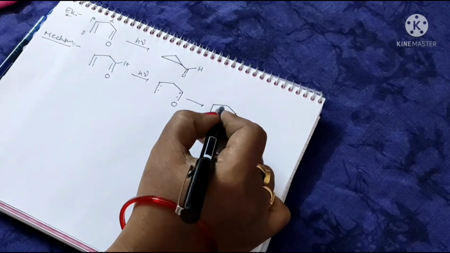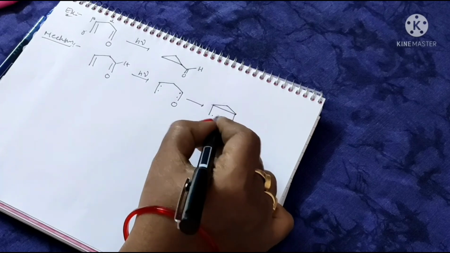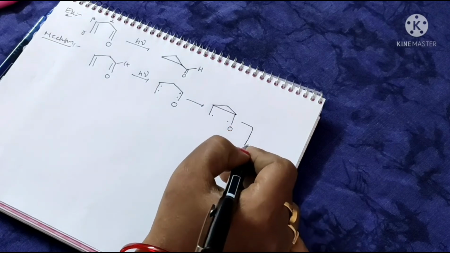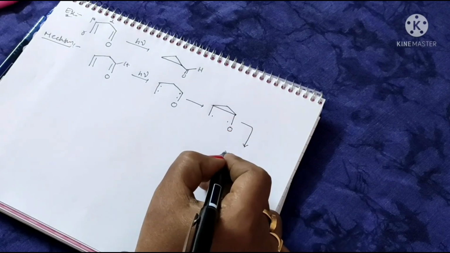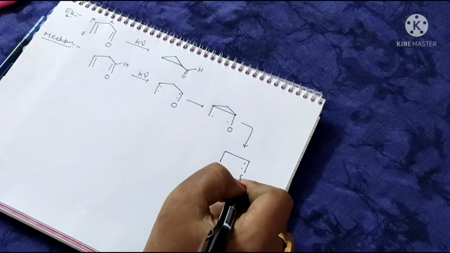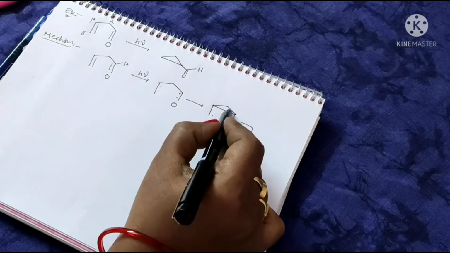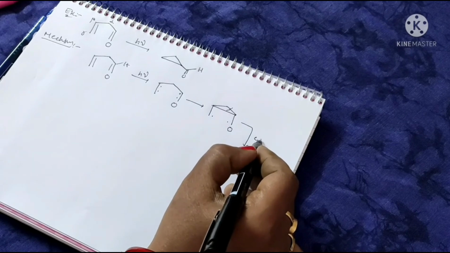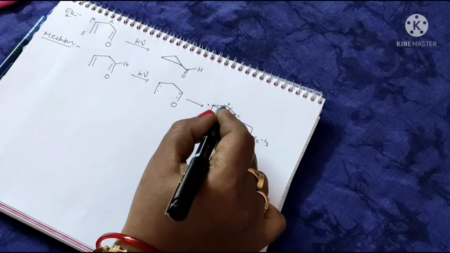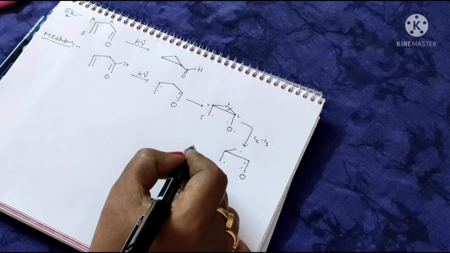Next, O with two radicals. The C2-C3 bond breaks; that is, numbering 1, 2, 3, 4, 5, C2-C3 cleavage takes place and two radicals are generated here.